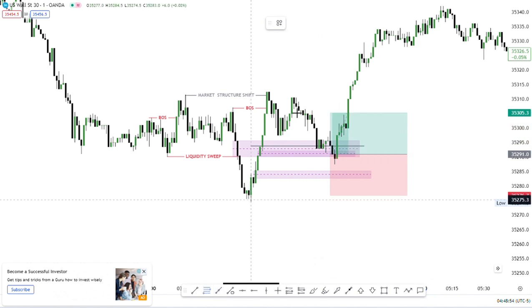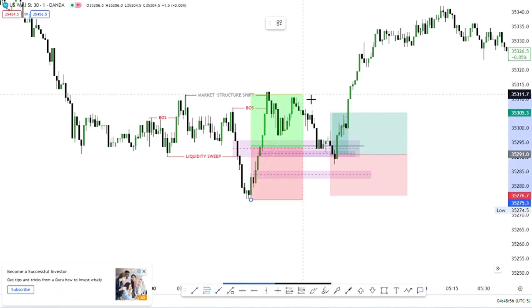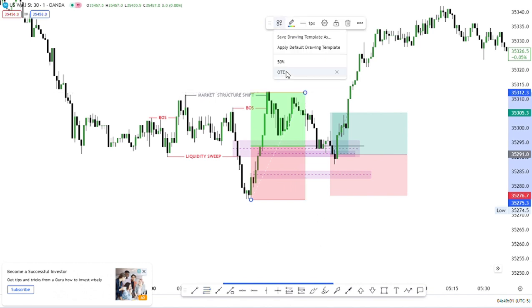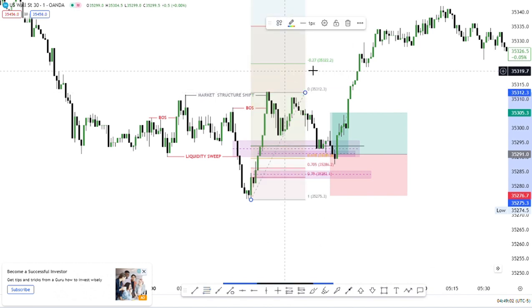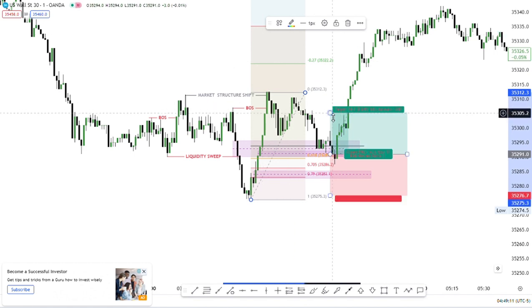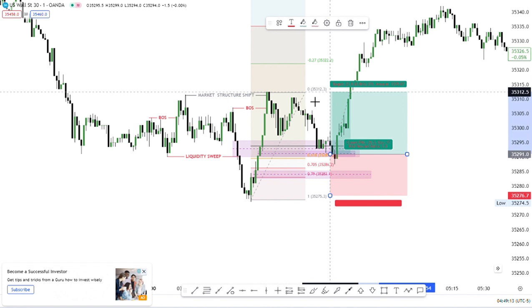Then let's see where you can target with your first target, your first partial, second target, third target, right? So you target here, then this is where you take your partials. After taking your partials, you move your stop loss into profit.